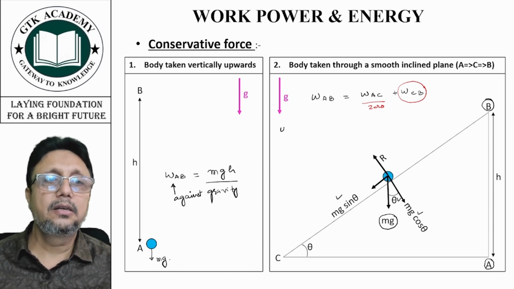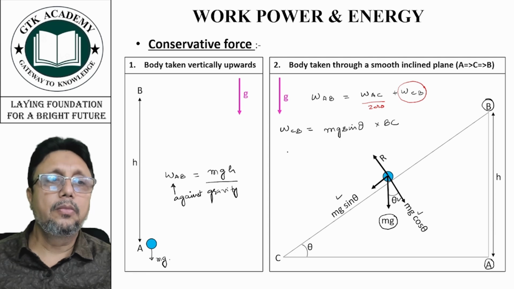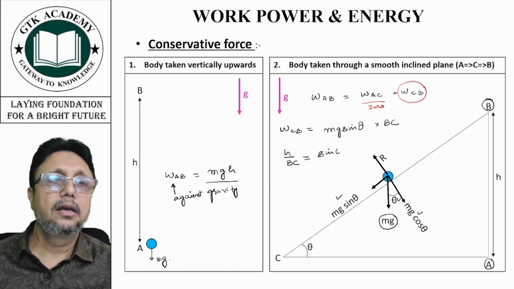So the work done from C to B will be the force mg sin theta into BC, the displacement. Now h upon BC is equal to sin theta, so BC is equal to h upon sin theta.